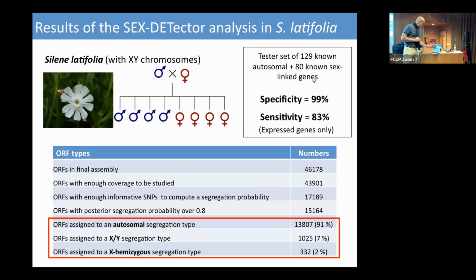We tested the quality of these inferences using a test set of 129 known autosomal and 80 known sex-linked genes, and we obtained a specificity and a sensitivity that are very high. In particular, the sensitivity, 83%, is much larger than the sensitivity of the empirical methods.